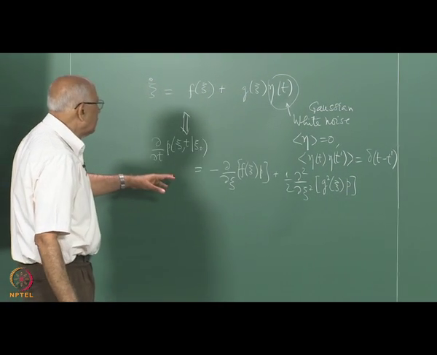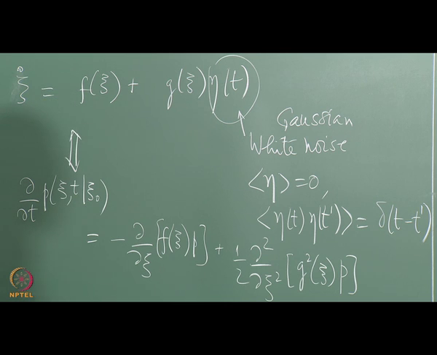This was the Fokker-Planck equation, whereas that was the stochastic differential equation for this random variable xi.